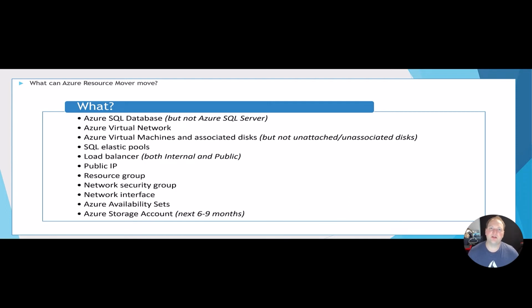So your disks need to be attached to an Azure Virtual Machine when you migrate them. SQL Elastic pools, load balancers, public IPs, resource groups, network security groups, network interfaces, Azure availability sets, and Azure storage accounts are coming in the next 6 to 9 months. So that's well ahead of our new data center region here in New Zealand, which will make it a lot easier for us.